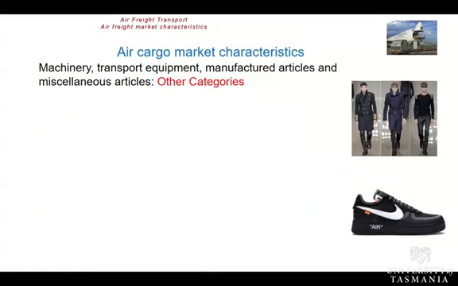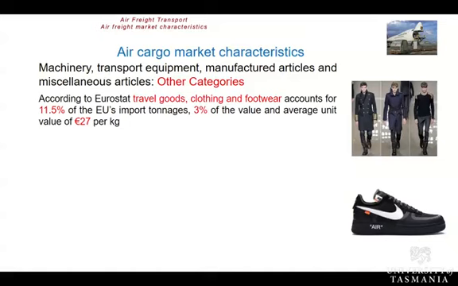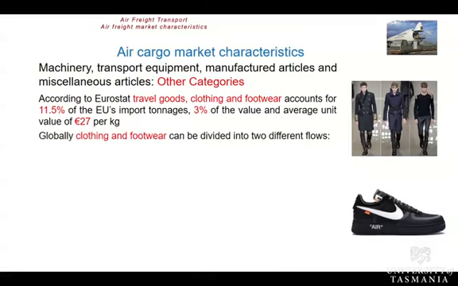A couple of other categories that fit into this particular group is travel goods, as well as footwear and clothing, around 12% of goods being imported into Europe. 3% of value, so not such a high per kilo price, and that's still 27 euros, which is quite significant in its own right. Now, the majority of goods in this category are going to be clothing and footwear.